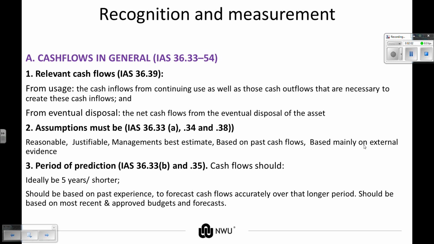And it should be based mainly on external evidence, as external evidence is considered to be more objective. It should be ideally for 5 years or shorter, and based on past experience to forecast our cash flows accurately over a longer period, and it should be based on the most recent and approved budgets and forecasts.